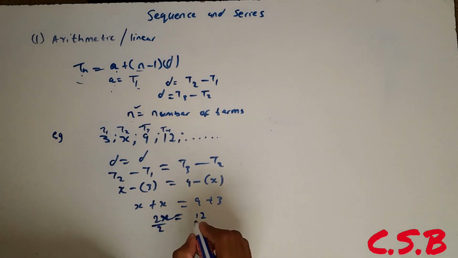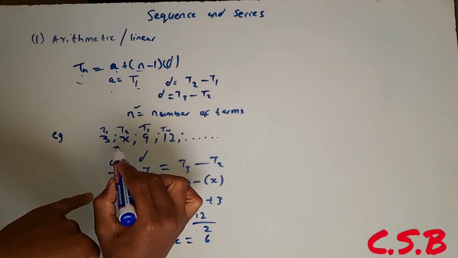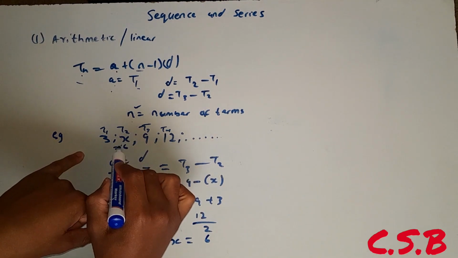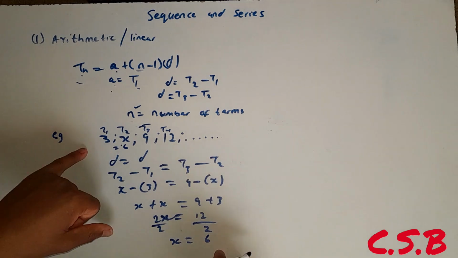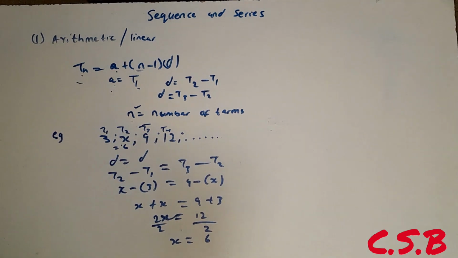Then you divide by 2, then our x is equal to 6. So x is equal to 6. So it makes sense: 3, 6, 9, 12. It's also divisible by 3. So the difference between the terms is 3.